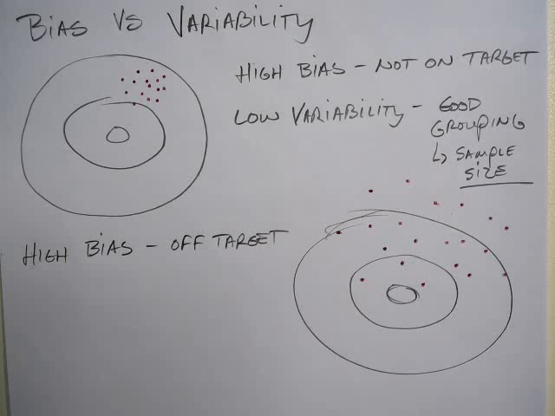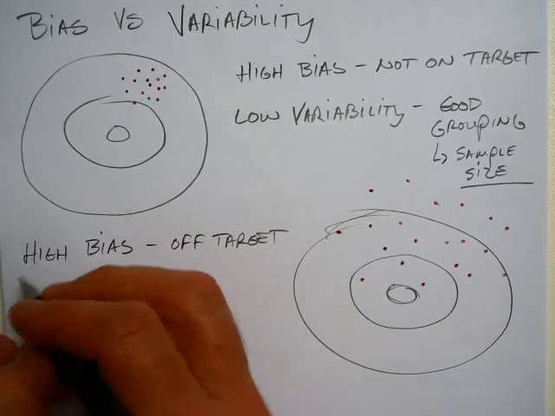What about variability? How's my grouping? It's pretty bad, huh? Pretty bad aim here. Maybe I'm not leading with the right foot. I'm doing something like this, right? It's not good.